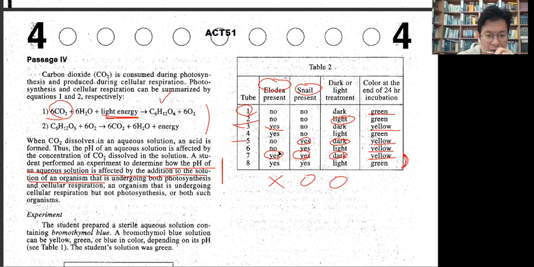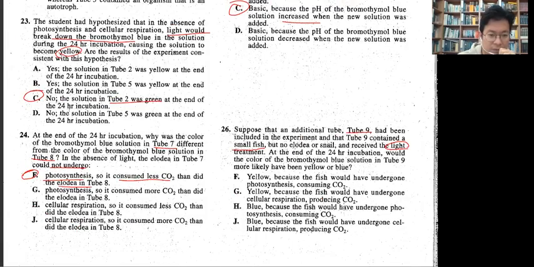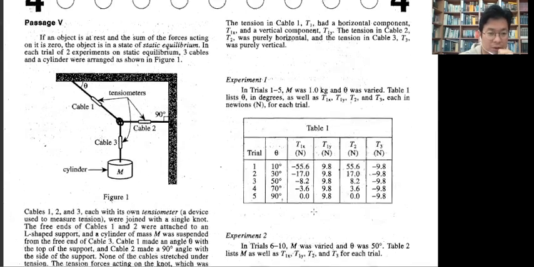No, yes, no, yes, yes, so it's similar to tube 6. Yellow. The fish is the one that produces CO2, I'm sorry, the plant is consuming. Okay, move on to the next one.